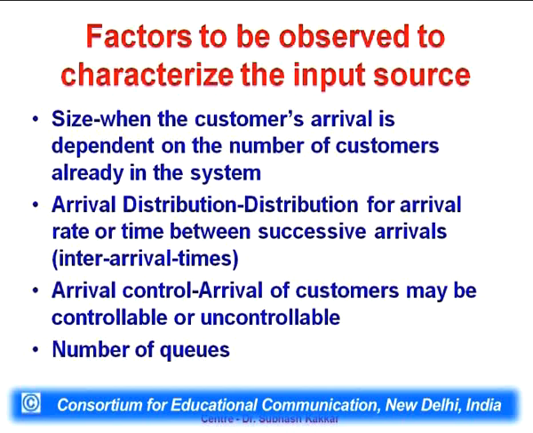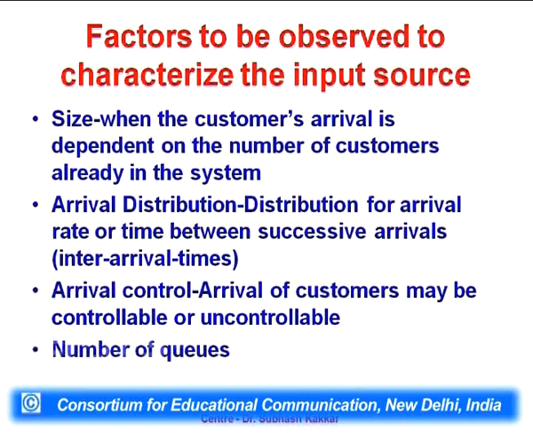Factors to be observed to characterize the input source. Size, when the customer's arrival is dependent on the number of customers already in the system. Here again I will emphasize the size, which is important. When I say in the system, people in the queue and people who are getting serviced, both combined together form the system.